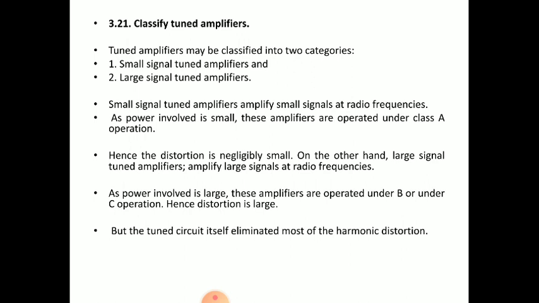Hence, the distortion is negligibly small. On the other hand, large signal tuned amplifiers amplify large signals at radio frequencies. As power involved is large, these amplifiers are operated under class B or class C operation. Hence, distortion is large.